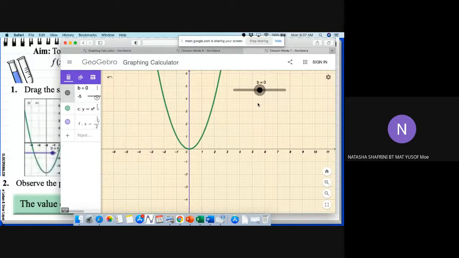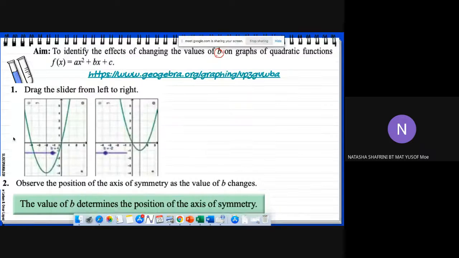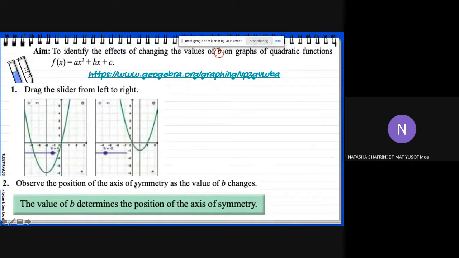Yes, left. Okay. How about B equals 0? If B equals 0, kita asalan, yes, origin. Good. Okay, next. So observe the position of axis of symmetry as the value of B changes. The value of B determines the position of the axis of symmetry.